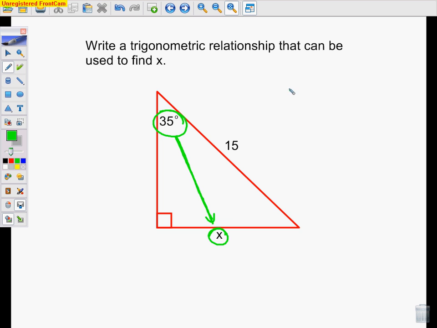So they give us an opposite. And this side right here, the 15, is what in that right triangle? It's the longest side. It's the hypotenuse. And remember, the hypotenuse is always across from the right angle. Okay? So they give us opposite and hypotenuse.